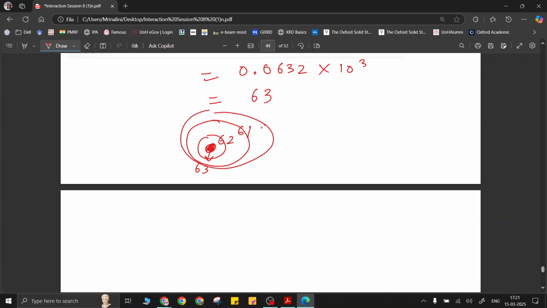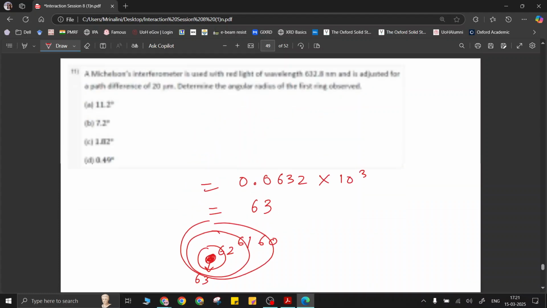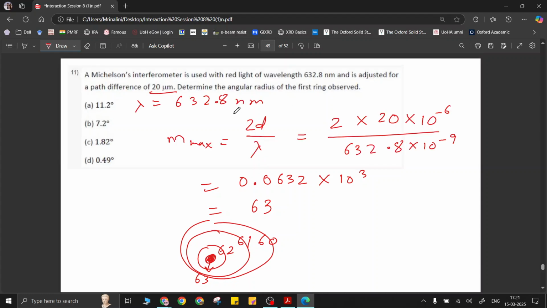So what we need to find here is the angular radius of the first ring observed. We know the path difference for finding the dark fringe is given by this relation. From this, cos theta, where theta is the angular inclination, will be m lambda divided by 2d.